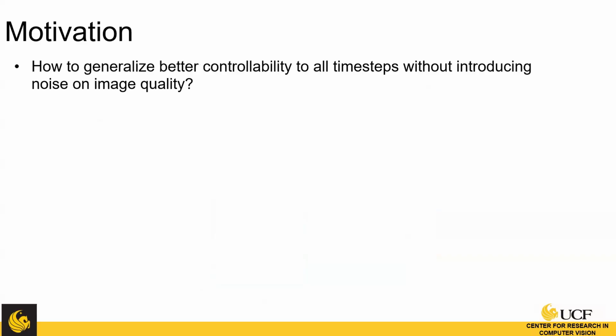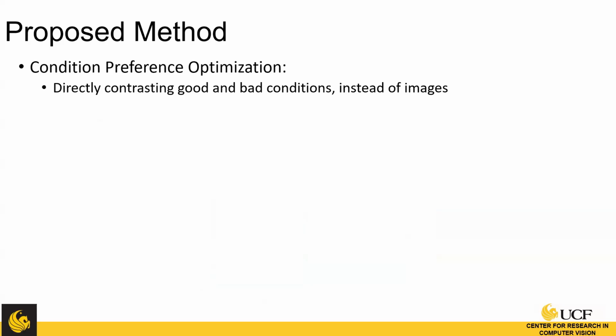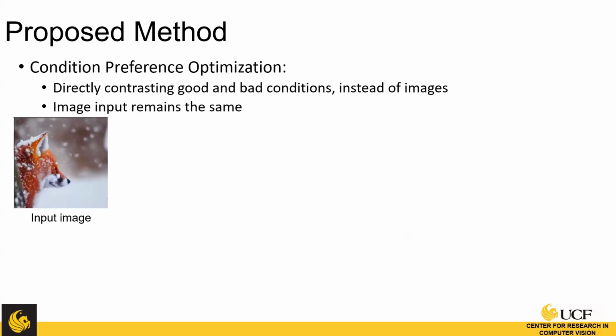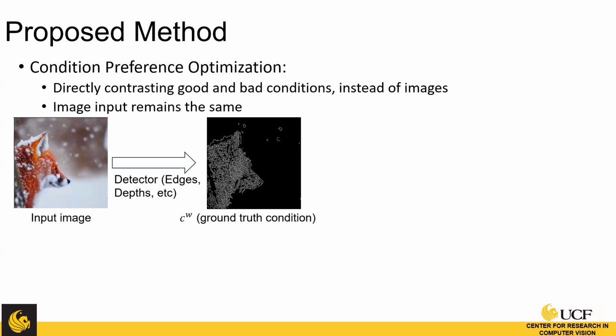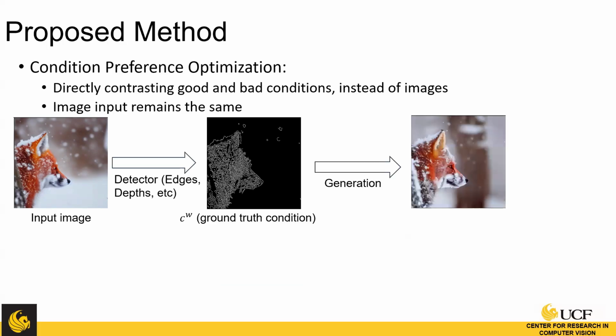Our question is how to generalize a better controllability result to all time steps without introducing noise to the image quality. Our proposed method is condition preference optimization, which directly contrasts good and bad conditions instead of images. The image input remains the same when we train the model. So we have an input image and we detect the condition as a winning condition, which serves as the input condition. We can also call it the ground truth condition.